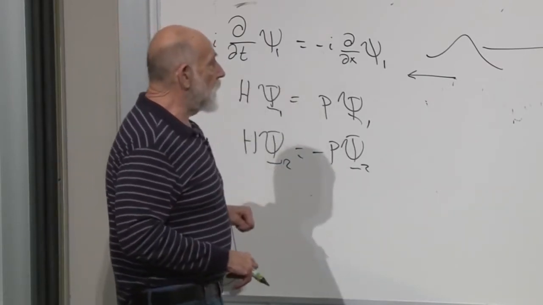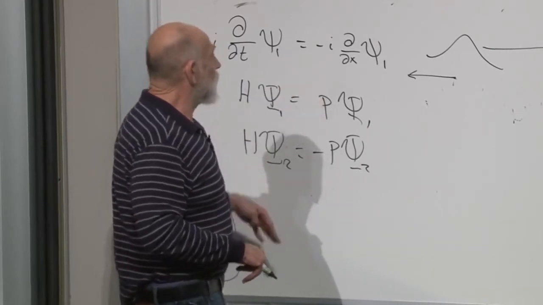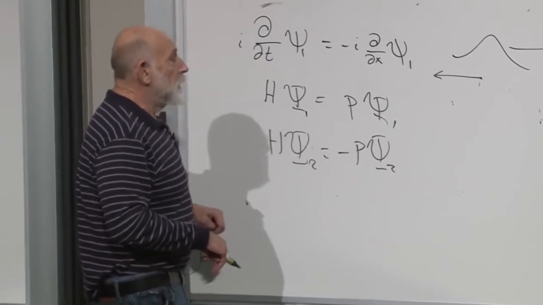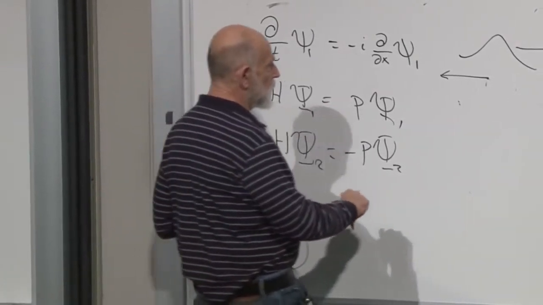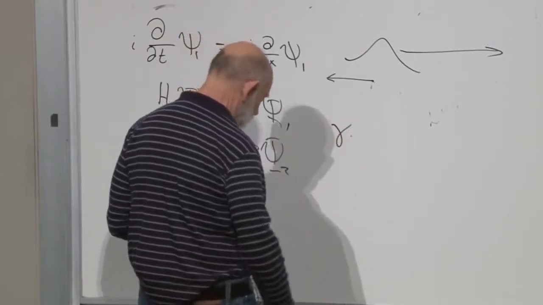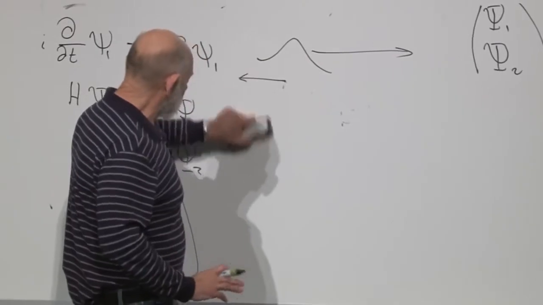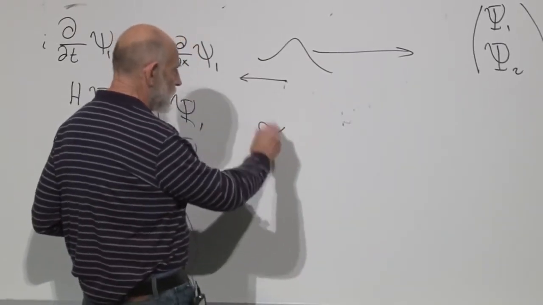Okay, then we invented a matrix. The matrix was alpha. Oops, that's gamma. Lie down, alpha. Get on your side and be alpha.